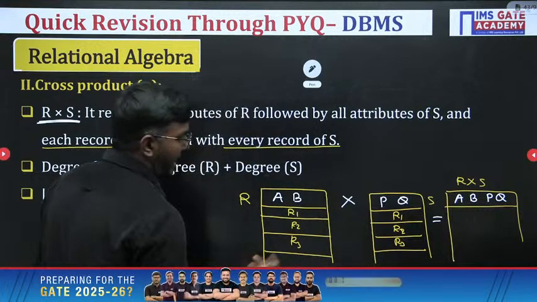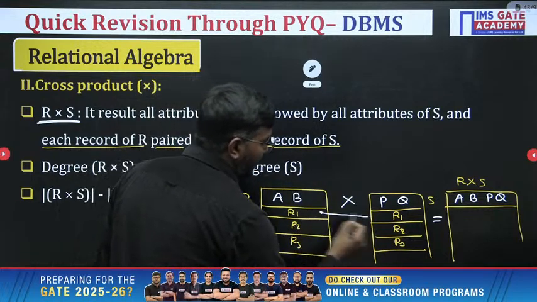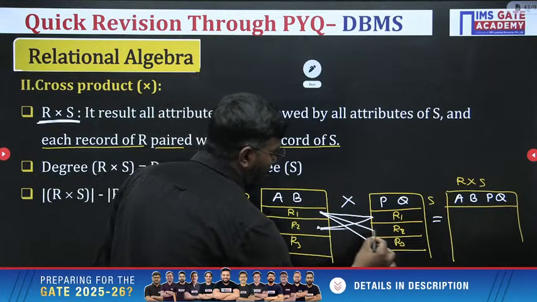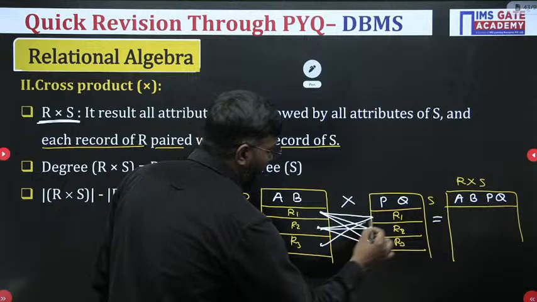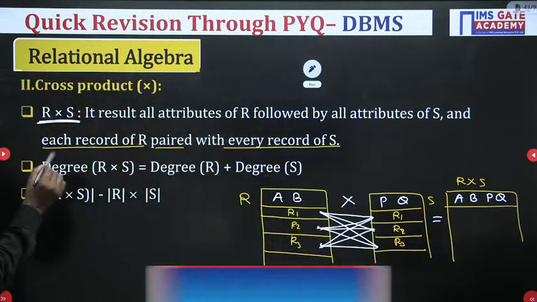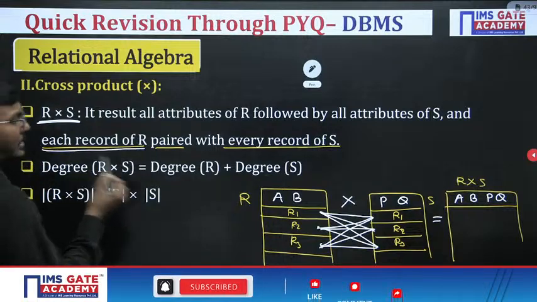Every record of R will be paired with every record of S. Similarly R2 gets paired with every record of S, and R3 will be paired with every record of S.